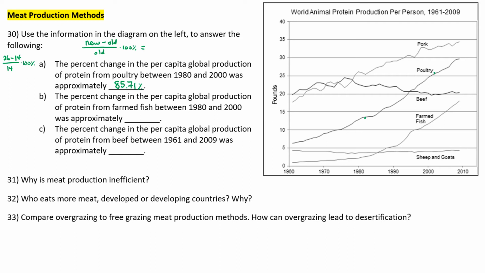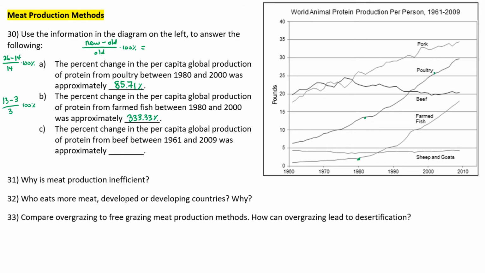Okay, then we're looking at farmed fish. So in the same years, 1980 to 2000, we have values. I'm going to plug them in. So the final value was 13-ish minus 3 divided by 3 times 100%. And it looks like we have around 300.33% increase in farmed fish.